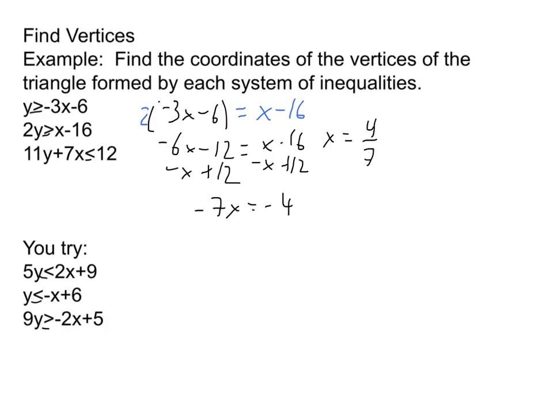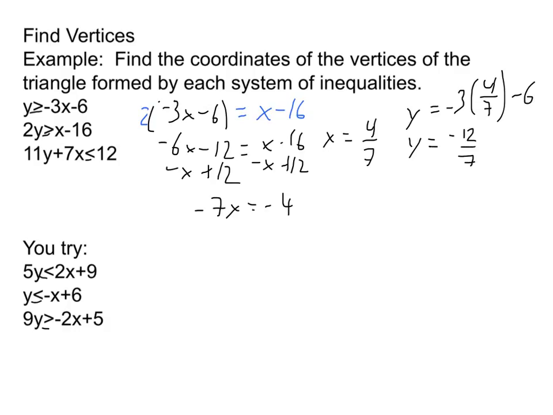Okay, plug that back into the y equation. I get y equals negative 3x minus 6. Oh, but I know what x is. X is 4 over 7 minus 6. So y equals negative 12 over 7.